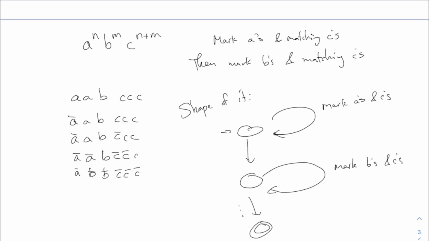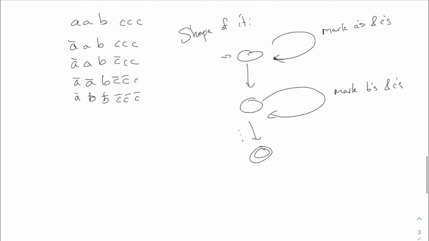So I'm going to try to draw two loops, and each of those two loops will look more or less like the A to the N, B to the N language, or the machine for A to the N, B to the N. All right, let's see if we can do it.